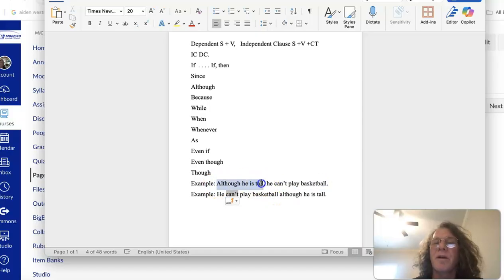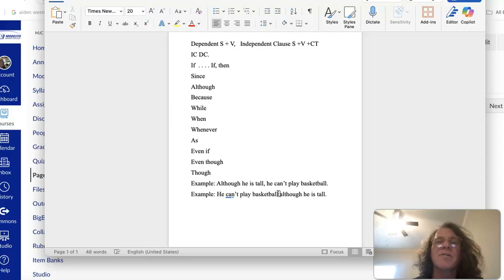Although he is tall, comma, he can't play basketball, right? Now over here, I flip it so that the independent clause comes first. He can't play basketball, although he is tall. If the independent clause comes at the end, do not put a comma before although. Do not put a comma before because. Do not put a comma before since or any of these other words either.